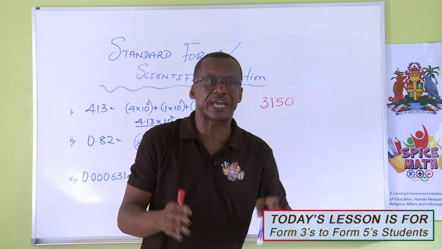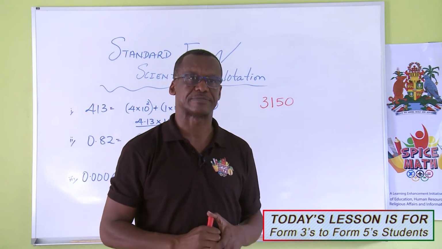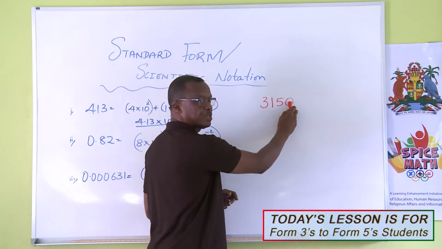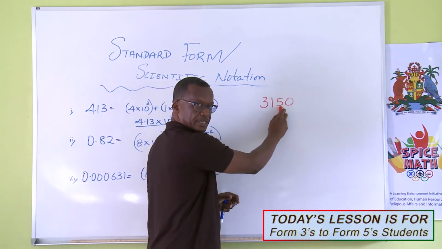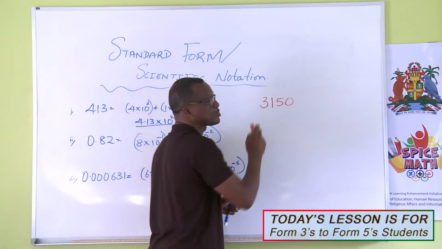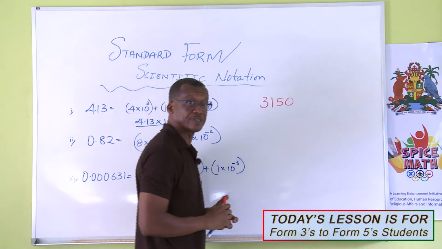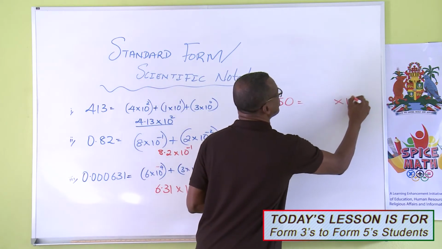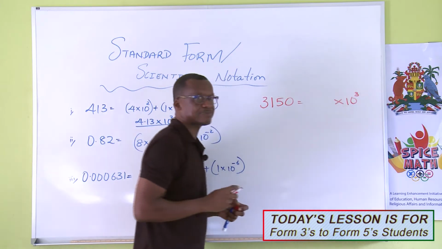Which one of these would have the highest power of 10? We know from positioning, the first place would be units, the second place would be tens, the third place would be hundreds, the fourth place, counting from the right, would be thousands. That's 10 to the power of 3. So we already have our factor.